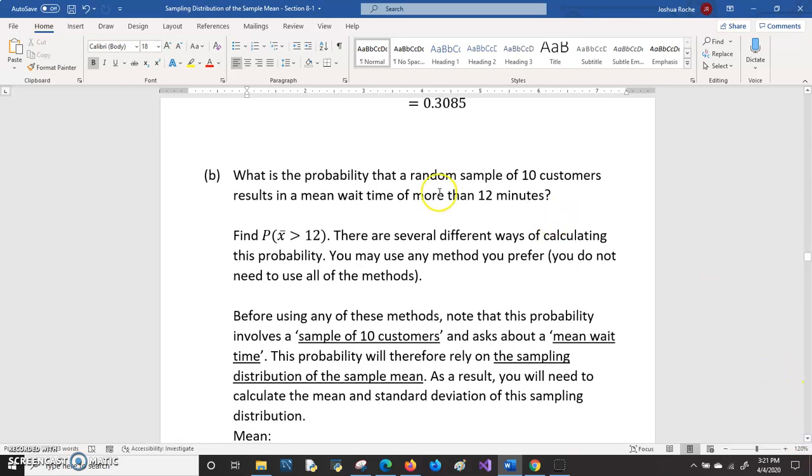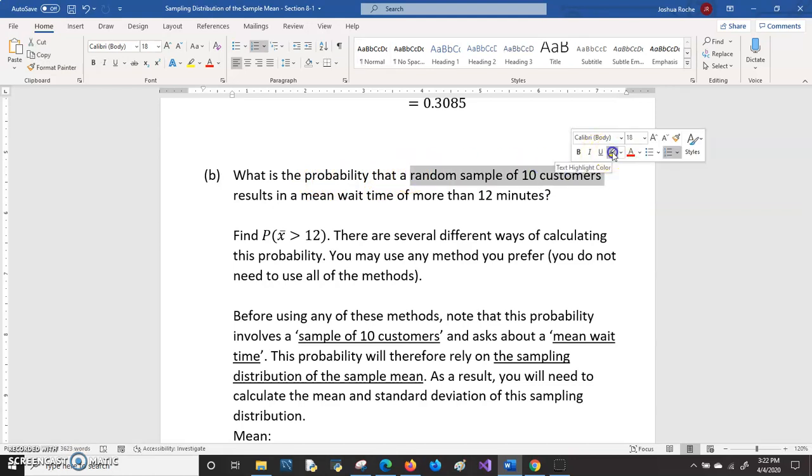Part B of this problem is asking for another probability, but notice now it mentions taking a sample and it mentions a mean. It says, what's the probability that a random sample of 10 customers results in a mean wait time of more than 12 minutes? So this time we're not just dealing with X, not just one customer, but with X bar, the mean of 10 customers.